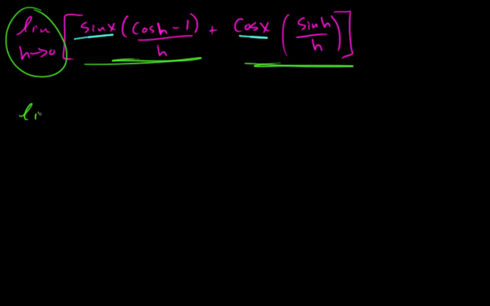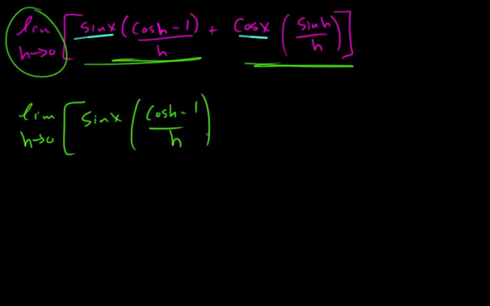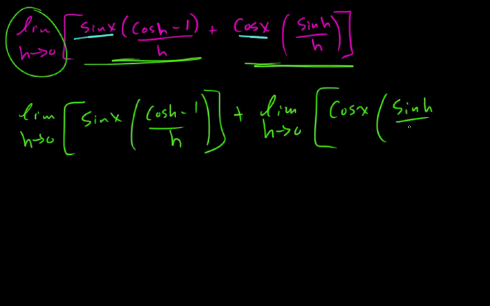So we're going to say the limit as h approaches 0 of sine x times (cosine h minus 1) over h, plus the limit as h approaches 0 of cosine x times sine h over h. The first thing is, if we have a limit with a plus sign in the middle, we can take the limit of each term individually. Now, because the sine x and cosine x are independent from h, meaning the x is independent, we can actually take them out of the limit.